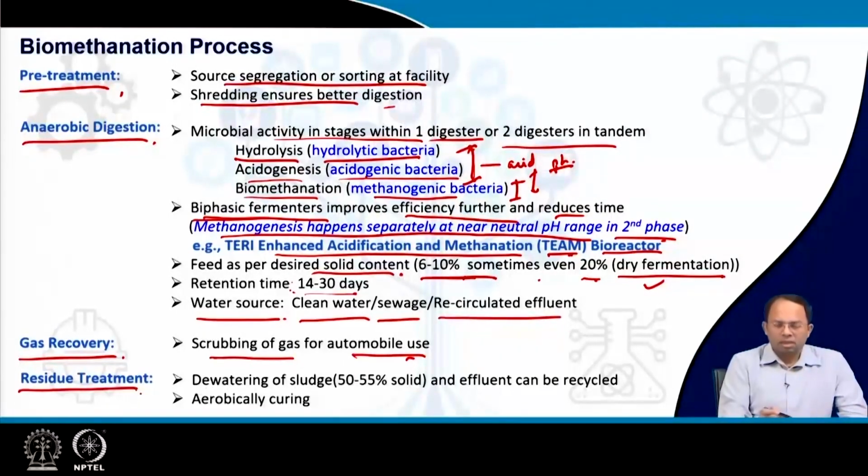And the residue has to be dewatered, similar to dewatering in sewage treatment and all. We use screws to press on the waste, and then it eventually becomes 50 to 55% solid, and the effluent can be recycled, and this is aerobically cured, open to atmosphere, and then it could be used as fertilizer.